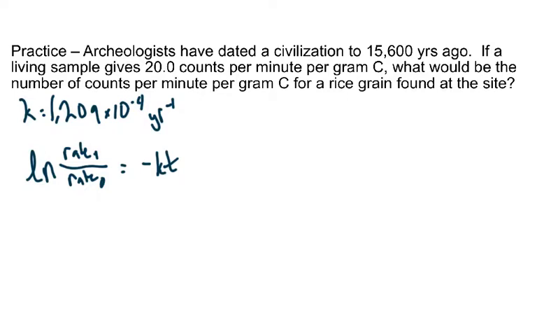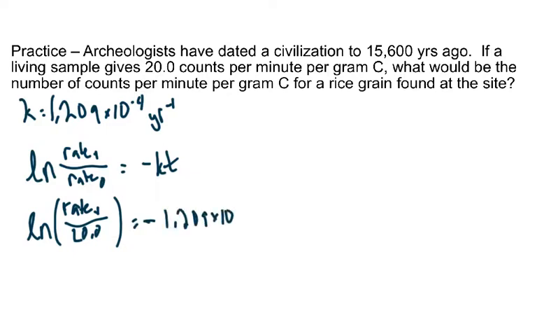So the natural log of what I'm looking for, divided by 20, is equal to negative 1.209 times 10 to the minus fourth times my time, which is 15,600.